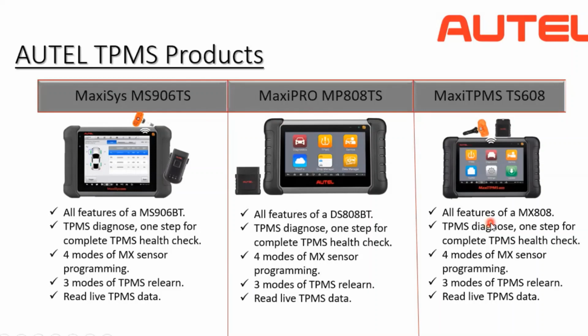The other plus point is that this is a perfect tool for any tire shop or service center. It has a service menu with over 20 different service functions, which includes oil reset and electronic parking brake release. It has full diagnostic capabilities to read and clear DTCs for all the systems on the car. So it's the right tool to be bought for a tire shop or a service center.